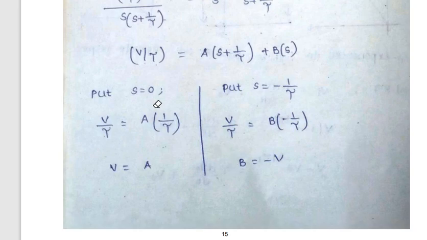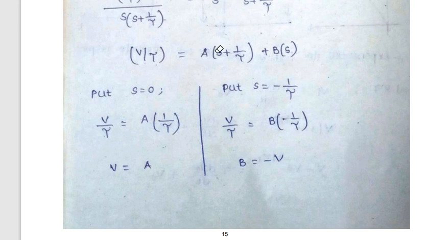Now first substitute s is equal to 0 here. Therefore, the B term is 0, and A into 1 by tau is equal to V by tau. Tau cancels, therefore A is equal to V. Next, to calculate the value of B, substitute s is equal to minus 1 by tau.